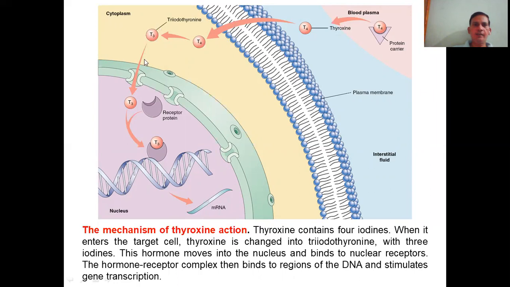Now this T3 moves inside the nucleus, where it binds to the receptor protein, and along with the binding, it gets access to the transcription machinery of the cell. It leads to the formation of messenger RNA, which can regulate the metabolic activity of the cell via the usual process of translation and production of the desired protein.